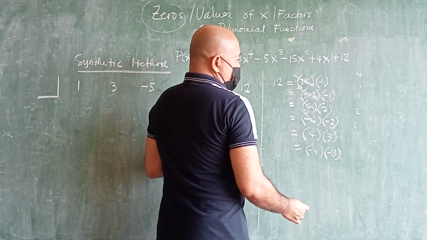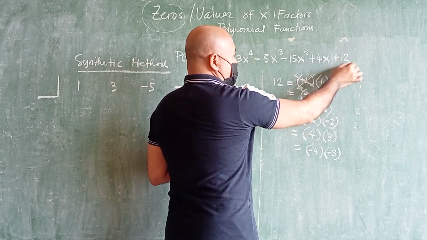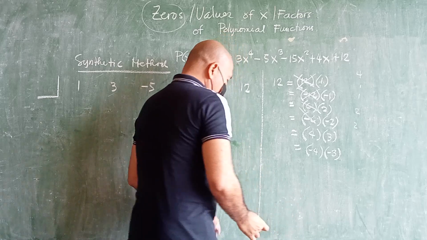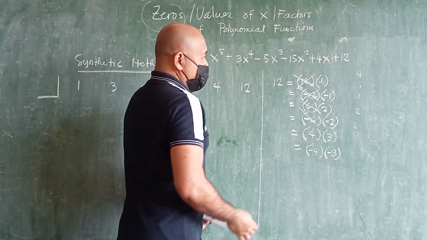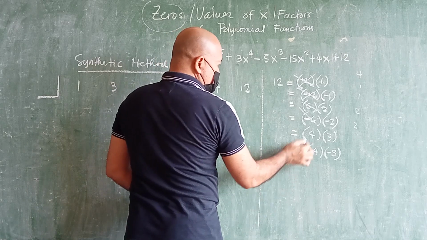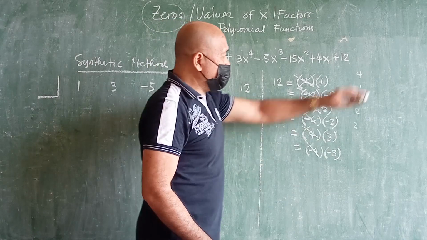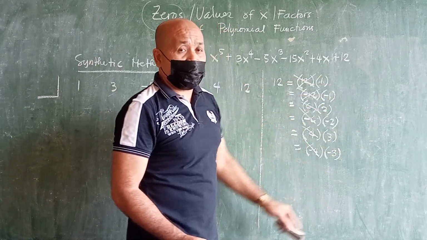So the resulting possible product is higher than the last digit, which is equal to 12. So that means there is a big chance that 4 will not be among the 5 values that you need to determine.